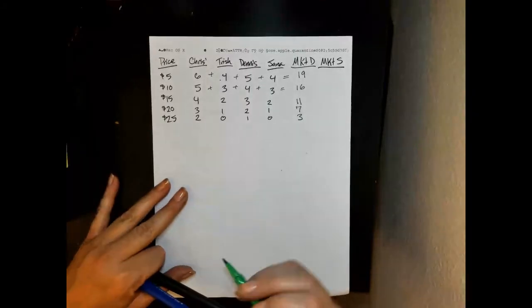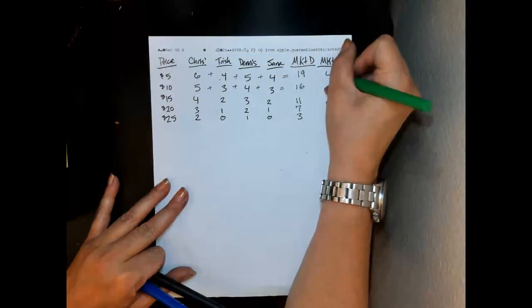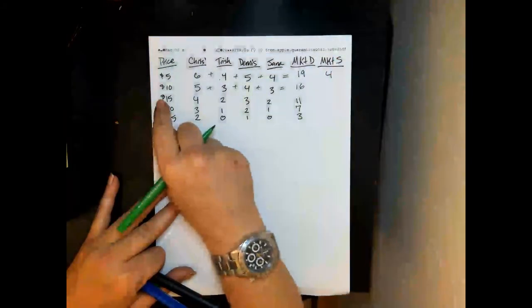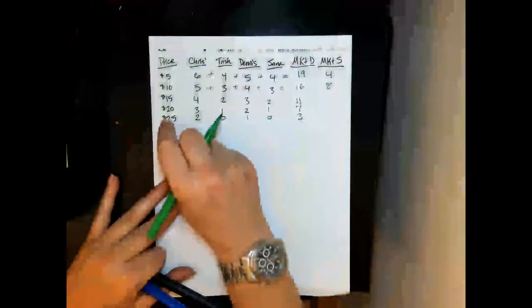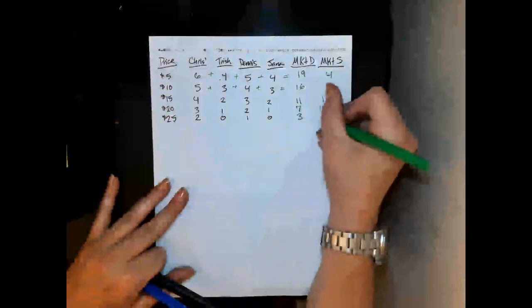So the market is willing to supply 4 books at $5, 8 books at $10, 11 books at $15, 14 books at $20, and 20 books at $25. So now I have my market demand and my market supply.